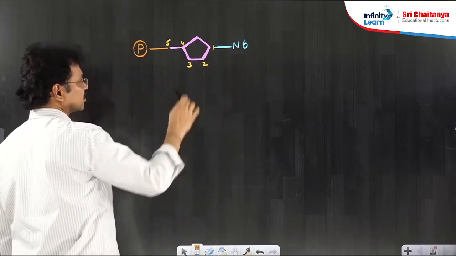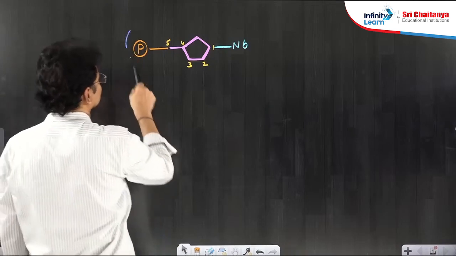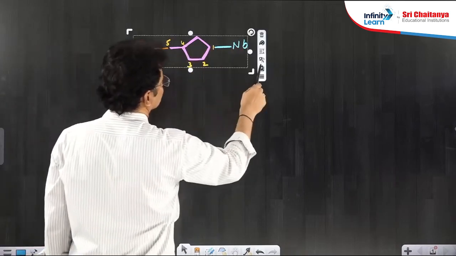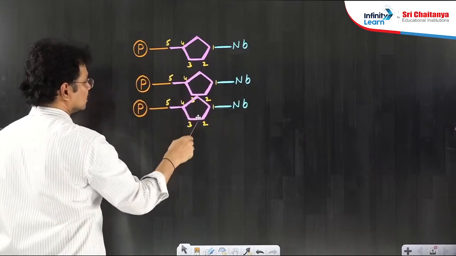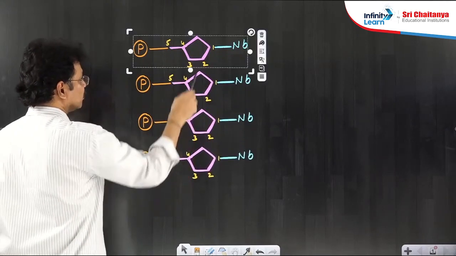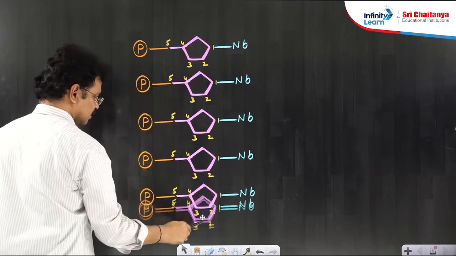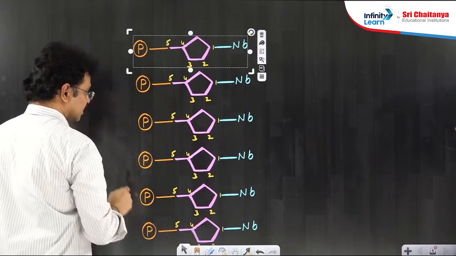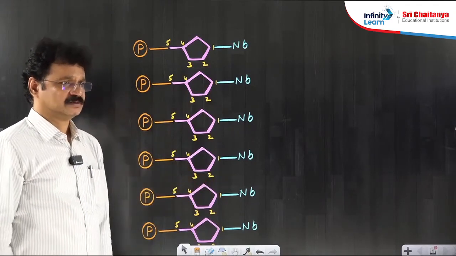Now the three together are called nucleotides. Nucleotide number 2, number 3, 4, 5, 6, like that several nucleotides are found in a polynucleotide chain.